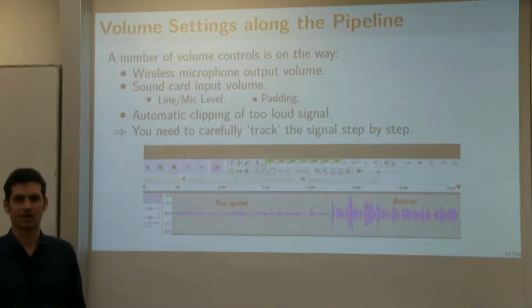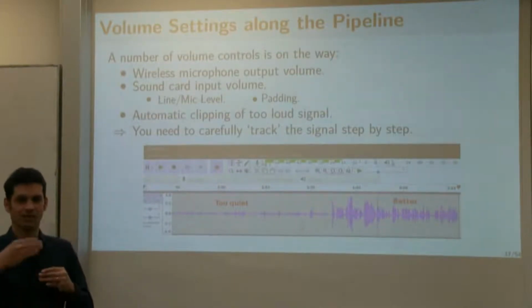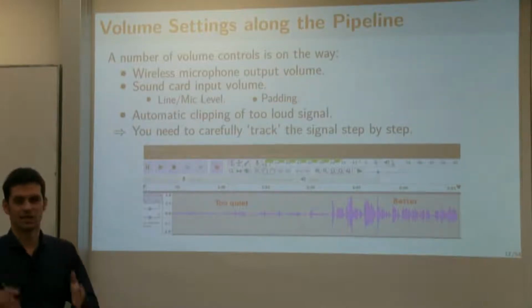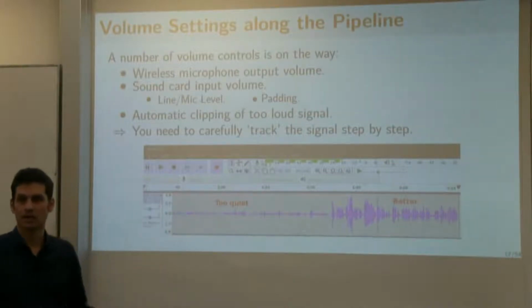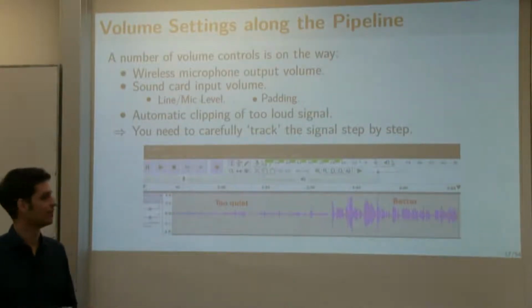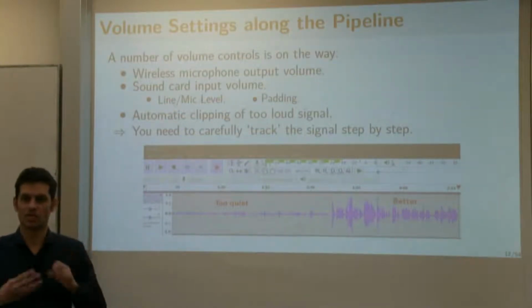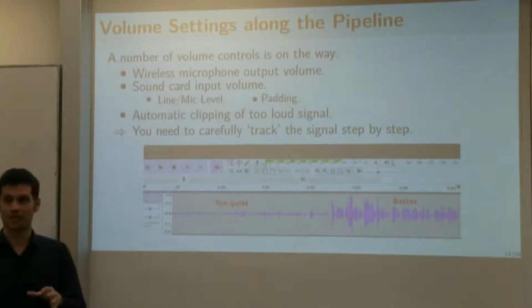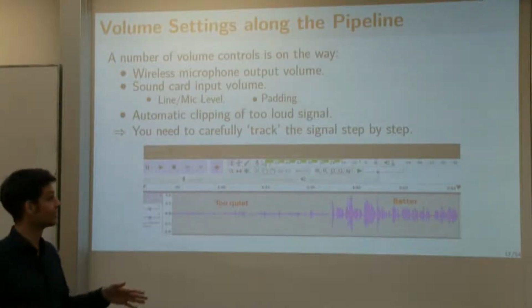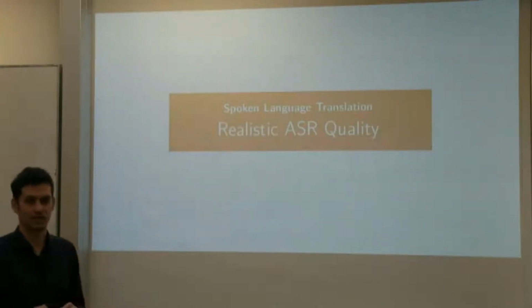So when you are acquiring the sound, you really have to be sure that every intermediate component is producing output in a reasonable range of volumes. So if the output is too quiet, then you are not getting the signal. If the output is too loud, then the components further down the pipeline will fight against that, and they will clip it. So you're losing some of the frequencies, and then suddenly the ASR will not work either.